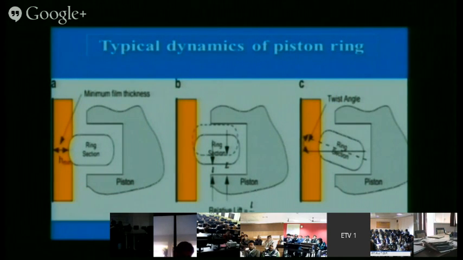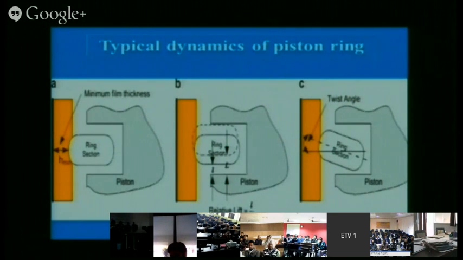So the issue is which type of profile should be cut on the piston ring so that an energy efficient engine can be developed. And another point is, if primary motion is taking place, what is it creating, what is it guiding inside the engine, and if secondary motion is there, what is it dictating inside the engine.